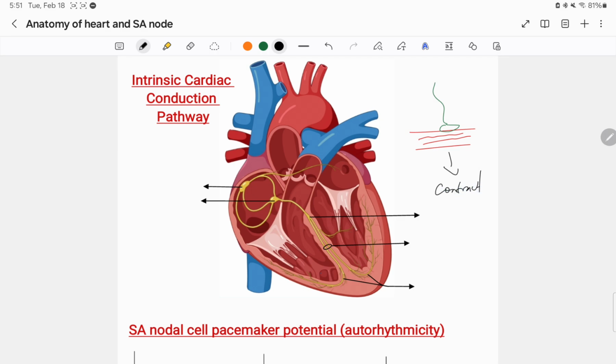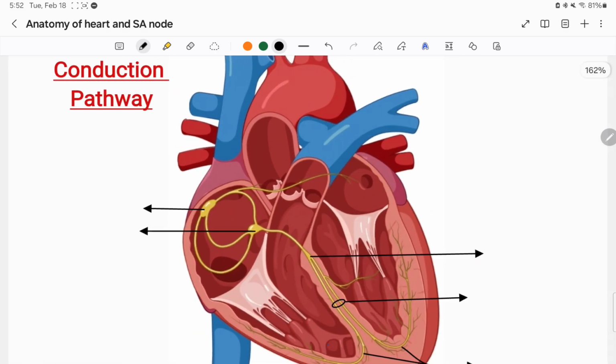However, the heart muscle does not need that. It does not need nervous innervation. It can have nervous innervation, but it doesn't need it. Why? Because it has its own intrinsic conduction pathway, meaning that something inside of the heart is naturally causing excitation of the actual muscle. So, how is that the case?